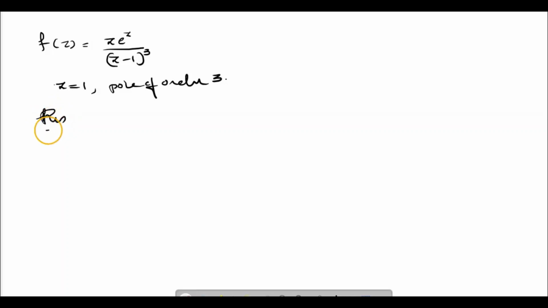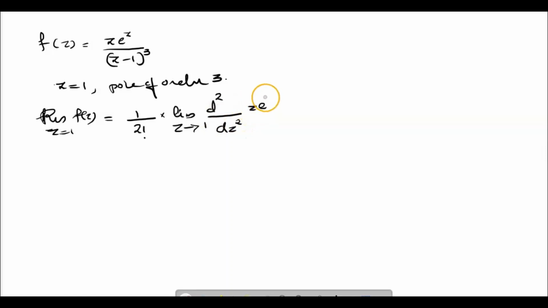That is, residue of f of z at z equal to 1 is given by 1 by (3 minus 1) factorial, that is 1 by 2 factorial, into limit z tends to 1 of d square by dz square of (z minus 1) whole cube into f of z, that is z e raised to z.